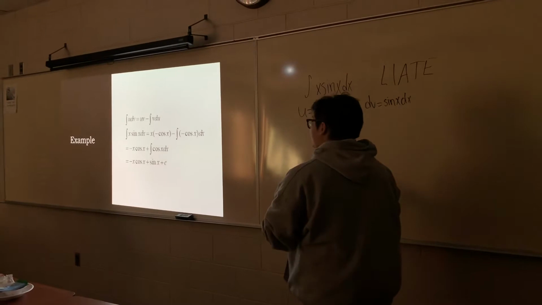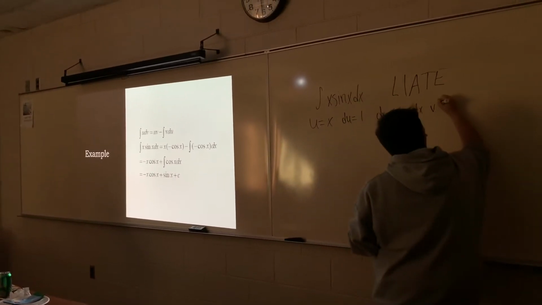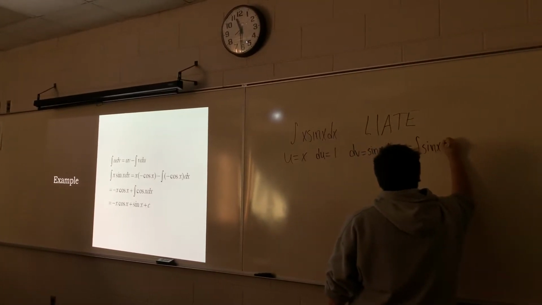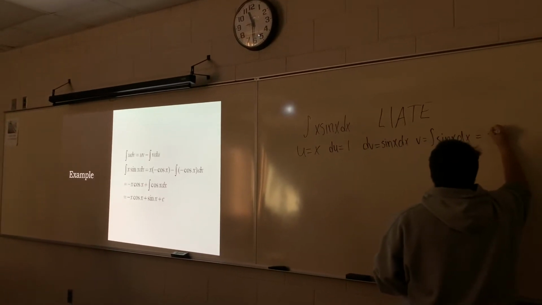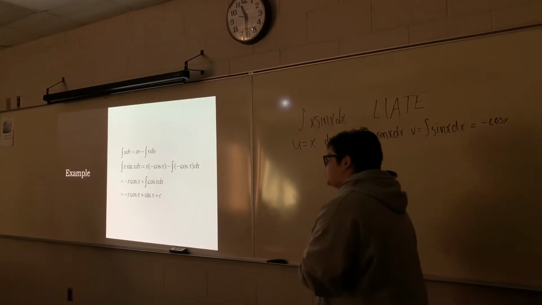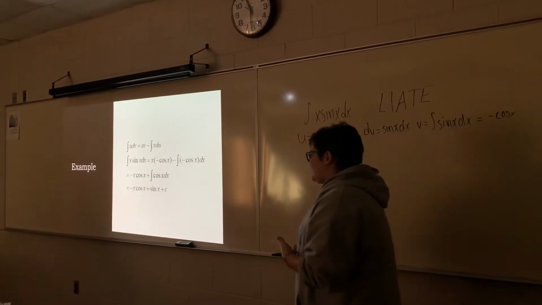And now v. You're going to integrate this. The integral of sine x dx is going to equal negative cosine x. Those are formulas you will learn in Cal 1 and Cal 2. There are a bunch of formulas, but the trig ones are easiest to remember.